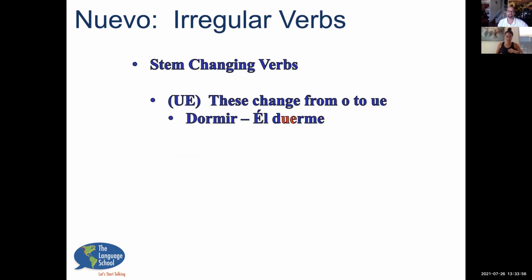Yeah, another 15 minutes. So today's stem changing verbs are the UE stem changing verbs. Typically, there's going to be an O that comes before it, and that O will change to a UE. So the verb dormir means to sleep. If I wanted to say he sleeps, I would say él duerme.